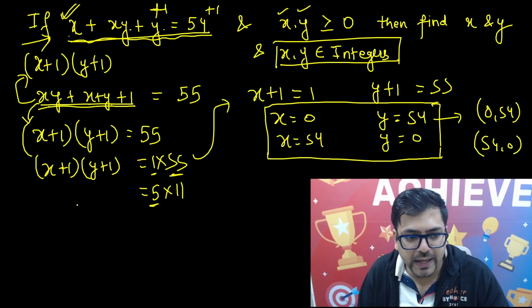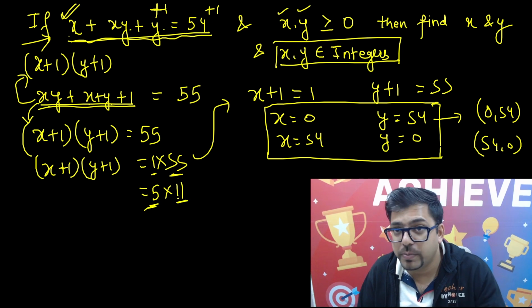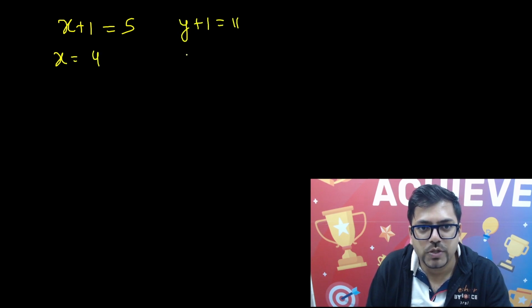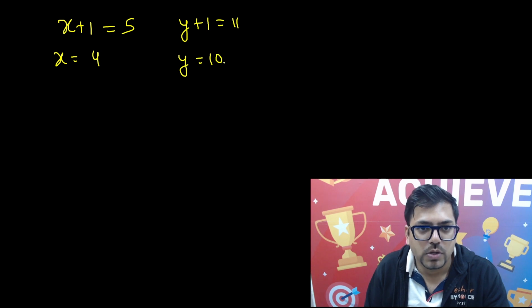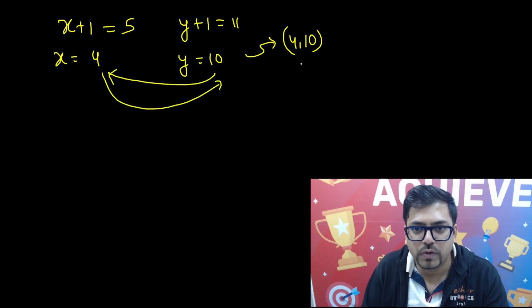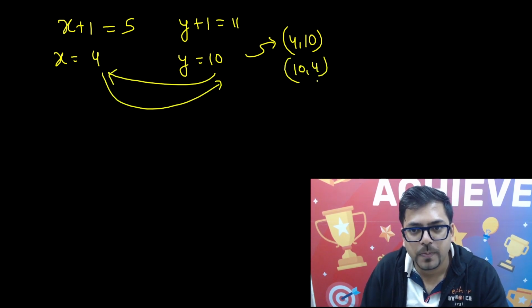This is the first possibility. The second possibility could be that x plus 1 could be 5 and y plus 1 could be 11. So let's do that as well. x plus 1 is equal to 5, so we have x equals 4, and y plus 1 is equal to 11, so we have y equals 10. So another solution set could be 4 comma 10, or you can do the vice versa: 10 will go this side, 4 will go this side, so it can become 10 comma 4.